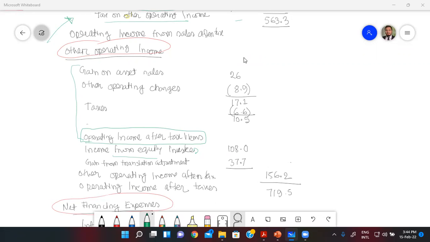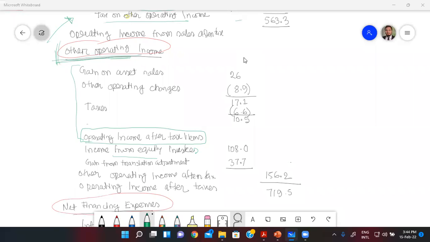Some income and expenses indicate that they are not finance, rather they are part of other operating income. Do you think, is it right? Some items which have been included in the line item are part of the other operating, they are not part of the financing.